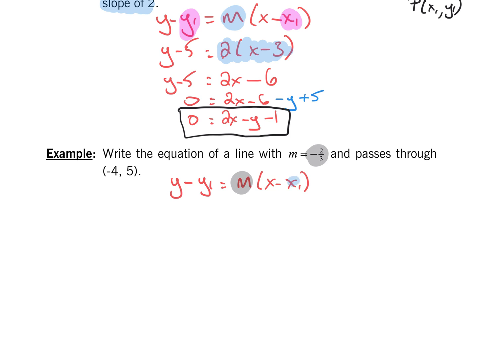Our x1 is minus 4. And our y1 is 5. So substituting that in, we get y minus 5 equals negative 2/3 times x minus negative 4. Minus a negative means we're adding 4.